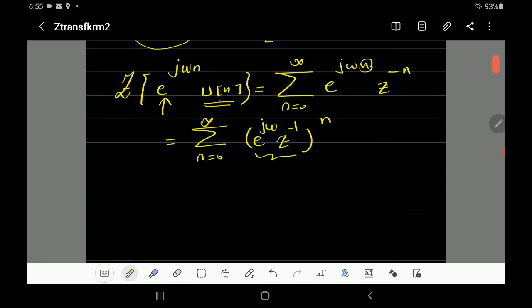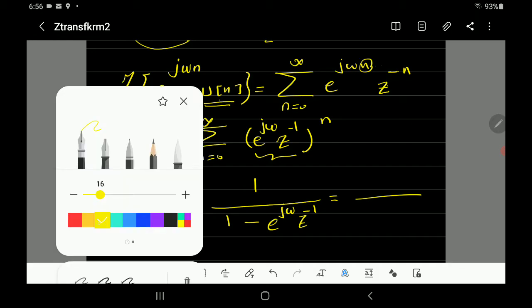So you can evaluate the sum of the geometric series from n starting at 0 up to infinity as equal to 1 over 1 minus whatever is in the bracket here, e to the j omega z to the minus 1. And if you'd like to express this in positive powers of z instead of negative 1, it's very simple.